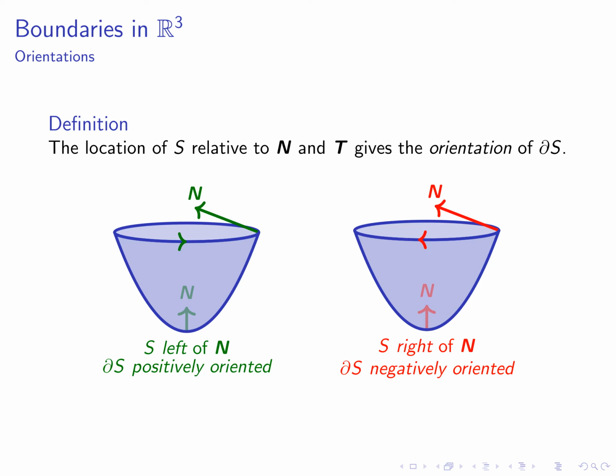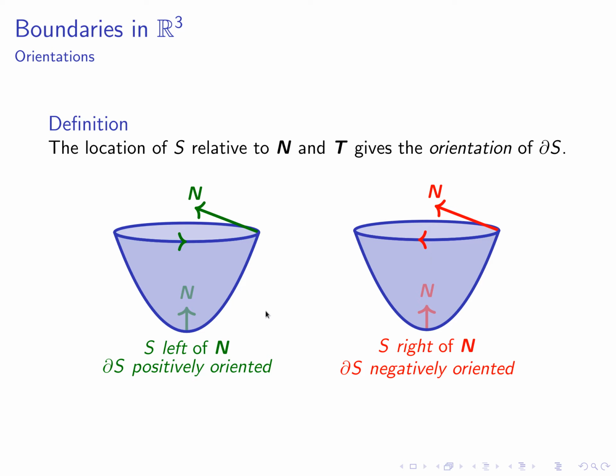In 3 dimensions, the story is a little bit more complicated because there's a little bit more room to work with, but there still is a definition of positive and negative orientation for surfaces in 3 dimensions. It turns out that the location of the surface relative to the standard normal vector and the unit tangent vector gives the orientation of the boundary.